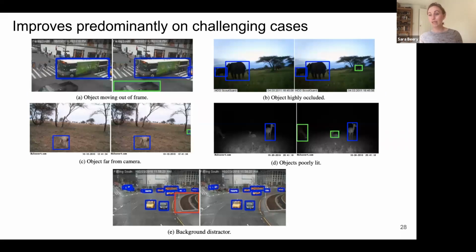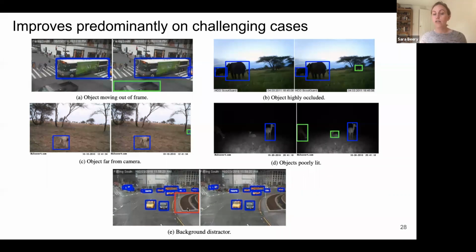And what we see is by doing this, we really see a lot of improvement predominantly on those challenging cases, like what we were discussing before, right? So the objects are moving out of frame, or the thing that we care about is highly occluded or dark, that's where we're seeing that this context approach is really helpful.